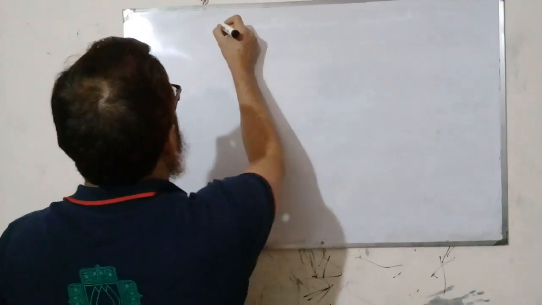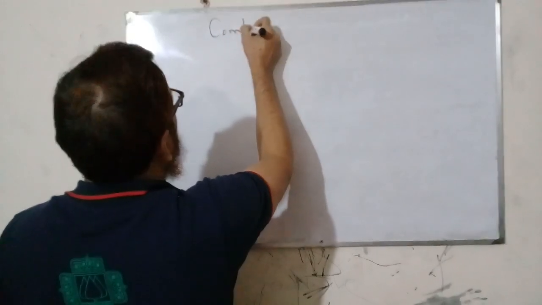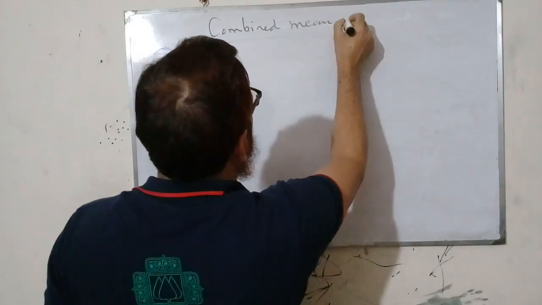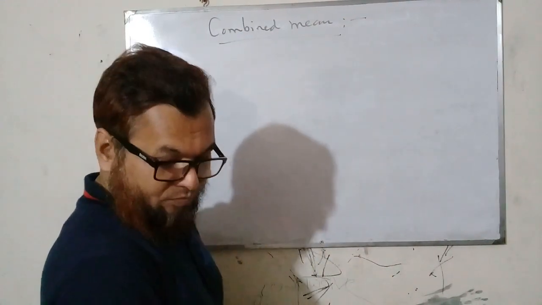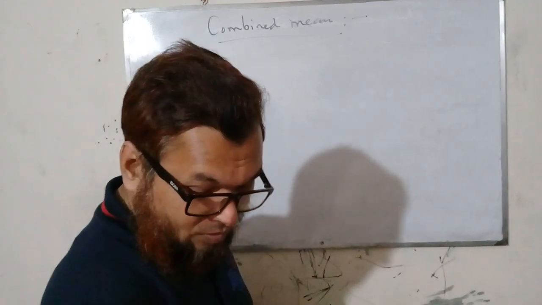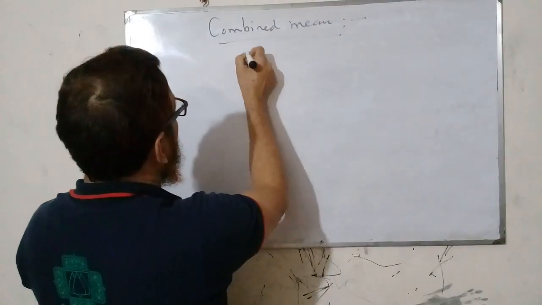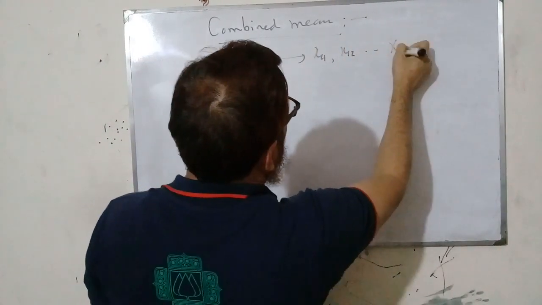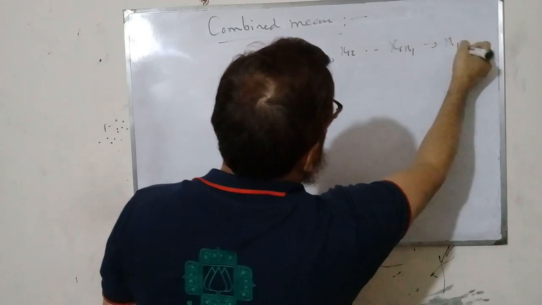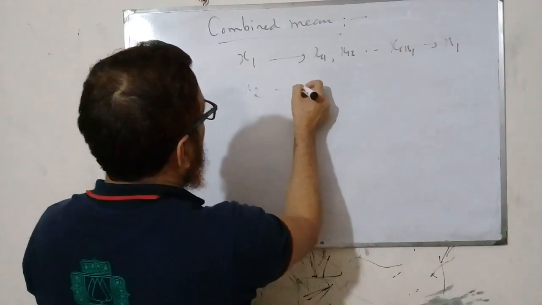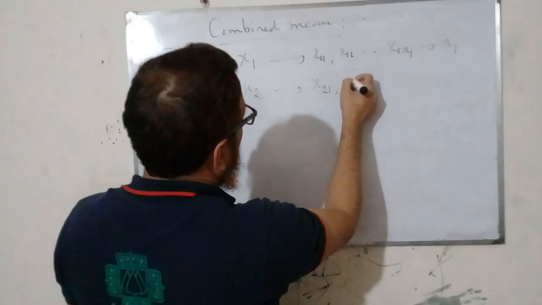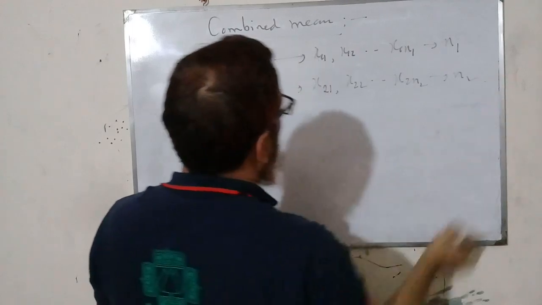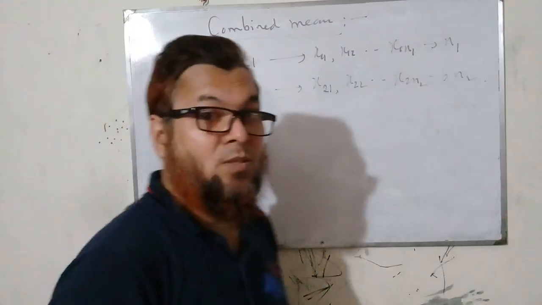Combined mean for two sets. Let x1 have x11, x12, ..., x1n1, that is n1 observations, and x2 have x21, x22, ..., x2n2, that is n2 observations.